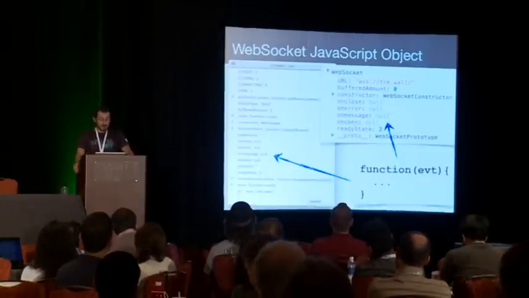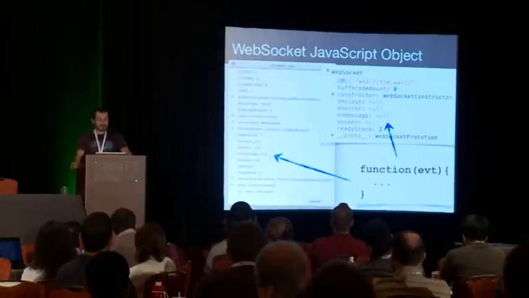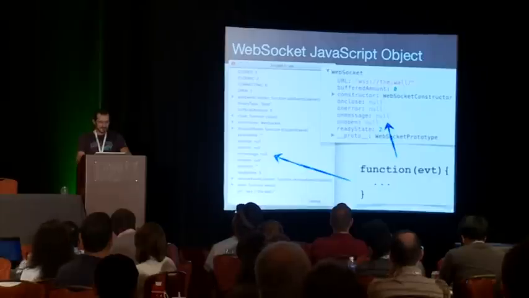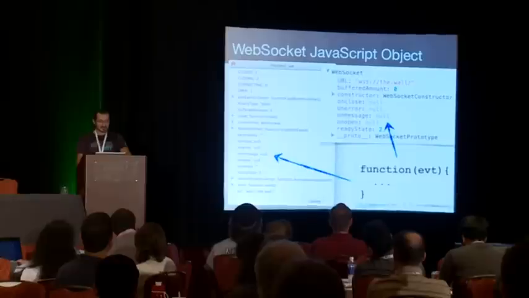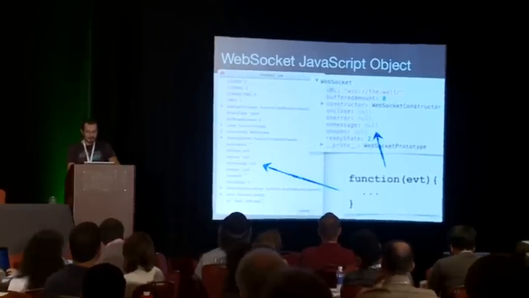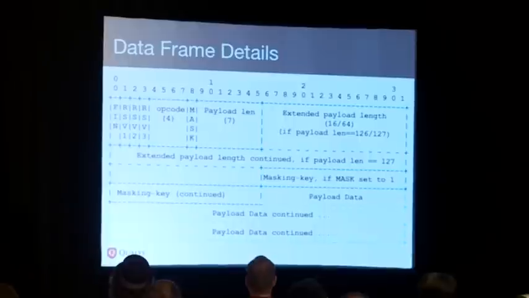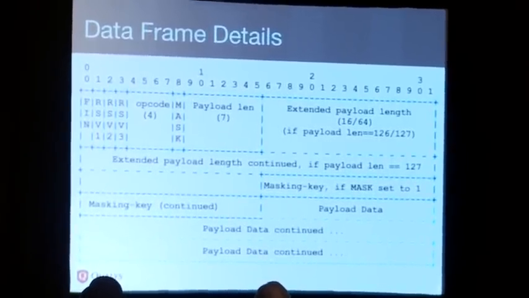So the WebSockets JavaScript object is pretty simple. These are screenshots of the functions, the WebSocket object and its event handlers. A data frame is also pretty simple.